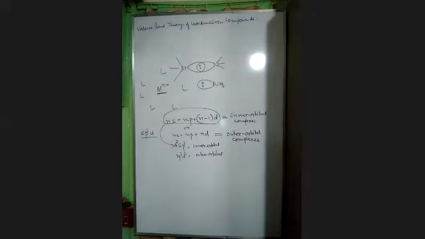In that case, these molecules will be attracted by the external magnetic field, so they will show paramagnetism. And if they do not have any unpaired electrons, they will be weakly repelled by the external magnetic field, and it will lead to the formation of diamagnetic complexes.